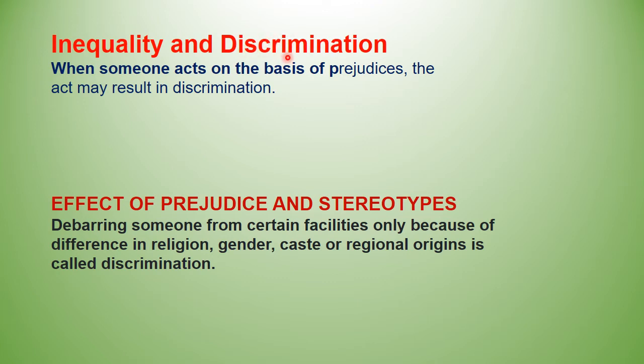Because we have preconceived thoughts and notions in our mind on the basis of which we are judging people, that leads to discrimination. Discrimination means you're not considering people as equal. And because we are not judging people equally, we will not give them equal opportunity. So discrimination will lead to inequality.